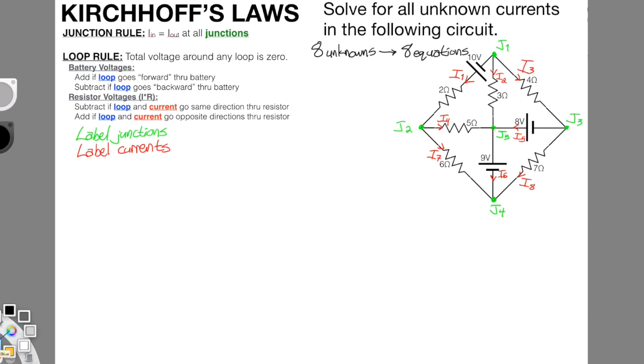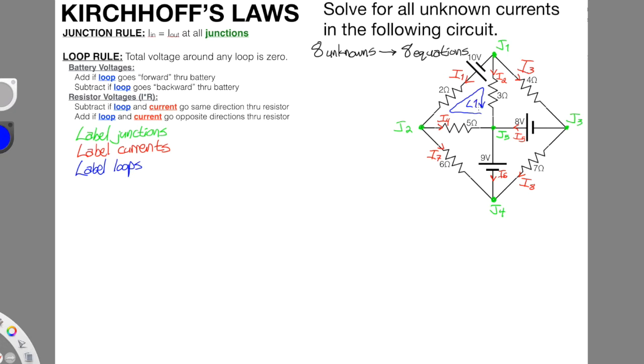We need one more step before we can start writing our equations, and that is to label our loops. These are not the only loops you can label, the ones I'm about to do, but I tend to find it easy to stick in these white areas outlined by the circuits. That way you don't end up with more loops than you need. So I'm going to have one loop go around this section of the triangle clockwise. I'm going to label that loop 1.